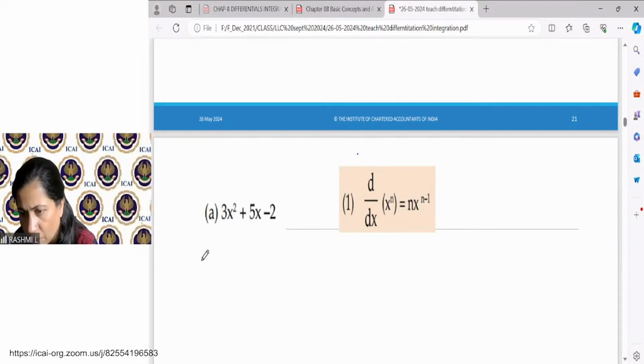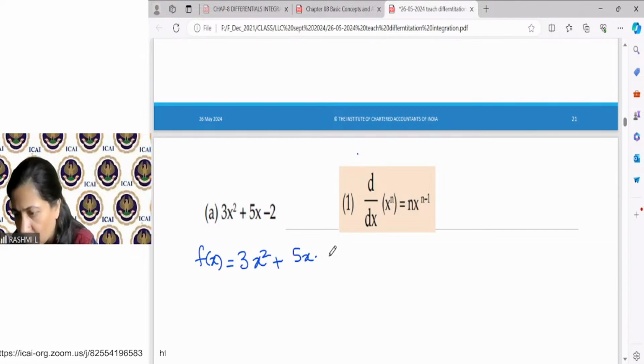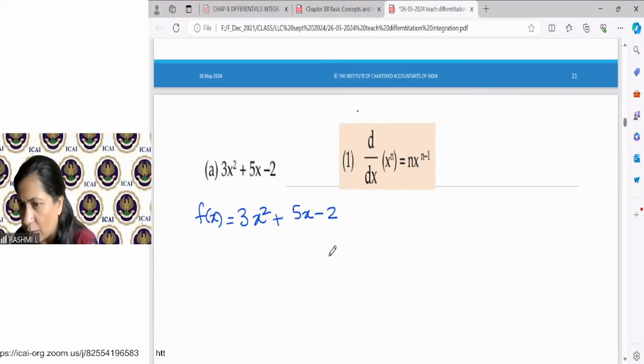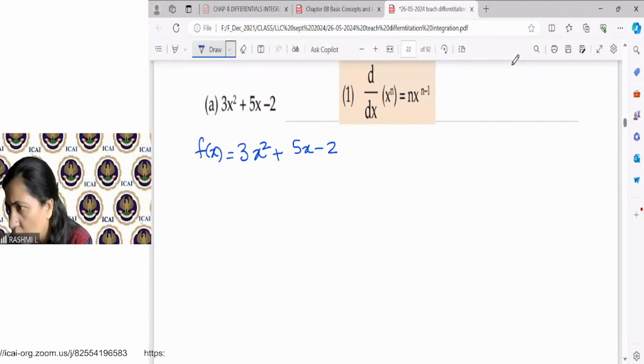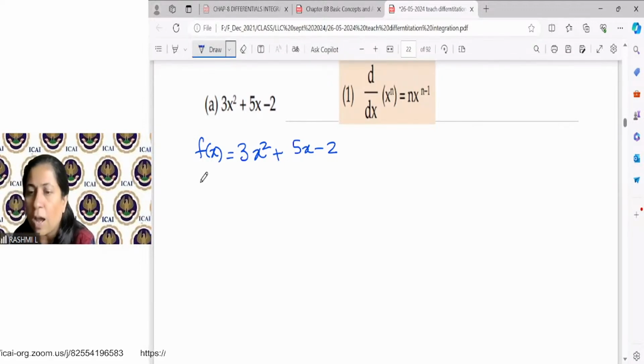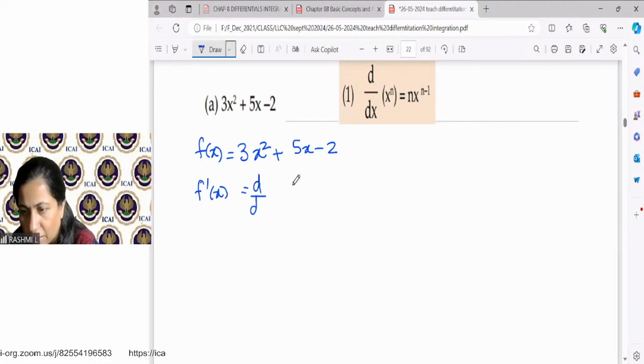So now my function is what? Function f(x) is equal to 3x² + 5x − 2. Now I want to find the derivative f'(x), or you can also write it as d/dx of f(x).